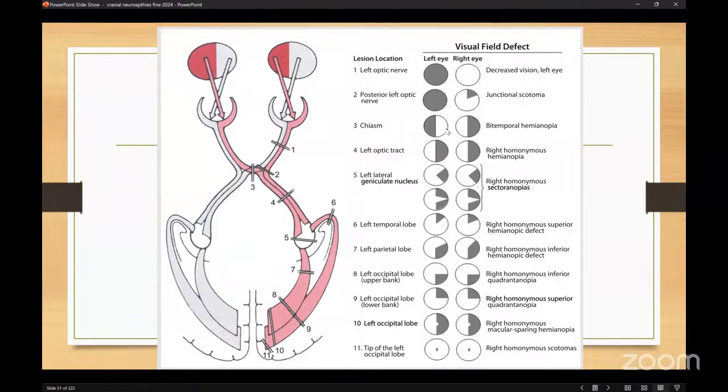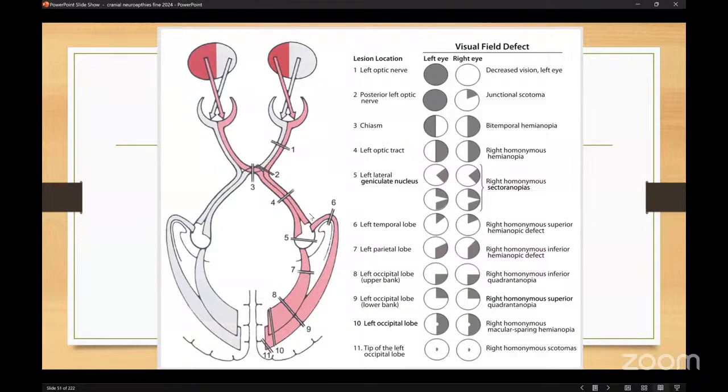Involvement of the midline chiasma will give rise to bitemporal hemianopia, and bilateral lateral chiasma involvement will give rise to binasal hemianopia. Left optic tract will give rise to right homonymous hemianopia.